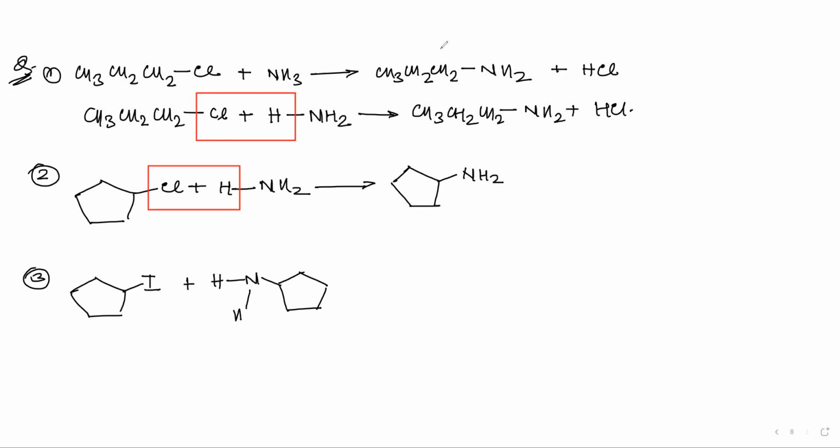So what will happen? You don't need to panic at all. What you will do, you will add these two and then connect this carbon with the nitrogen. The carbon which is now connected with iodine will be connected directly to nitrogen. So you will get something like this. Now here it will be nitrogen. One of the hydrogens is just intact, and you will also get a cyclopentane here.